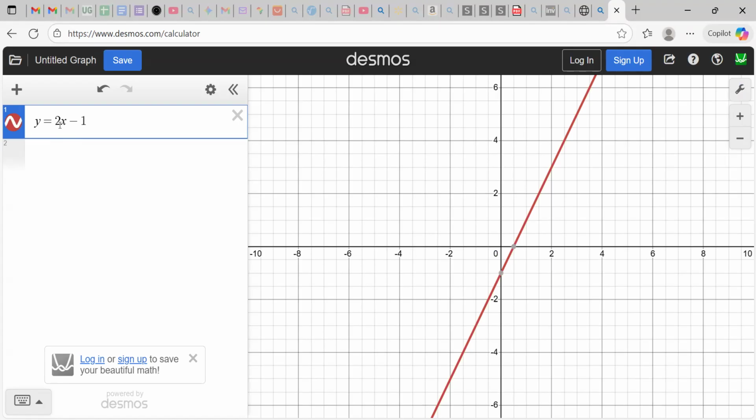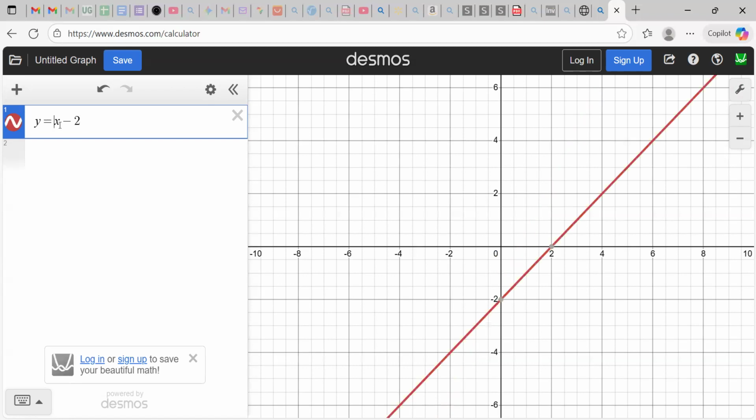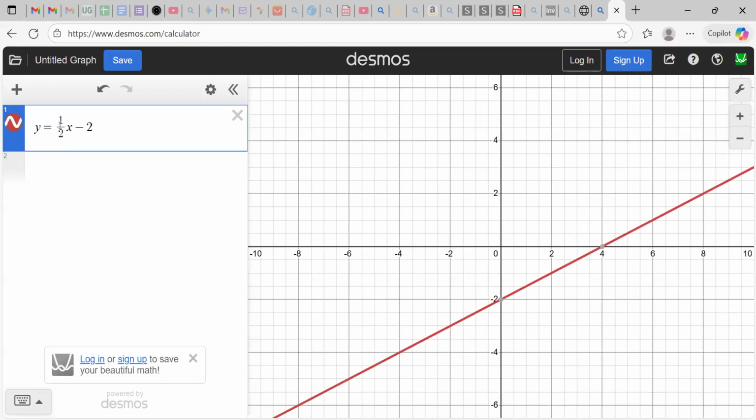Well, I'm trying to get a number that would really show. Let me go with 1/2. Let's go with that. And I'm going to go with y equal.